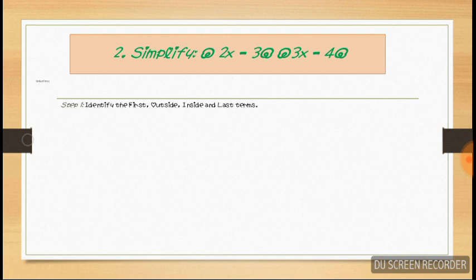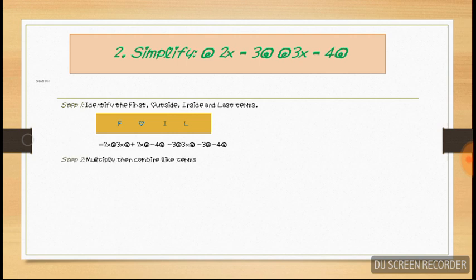Step 1, again, identify the F, O, I, and L. So the F, O, I, and L of example number 2 are 2x times 3x, the first term, 2x times negative 4, the outer terms, negative 3 times 3x, the inner term, and negative 3 times negative 4, the last terms.